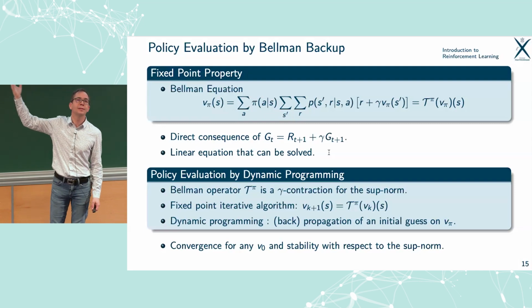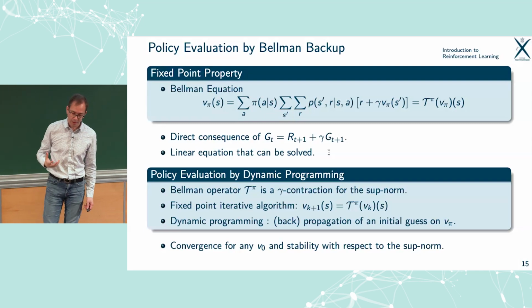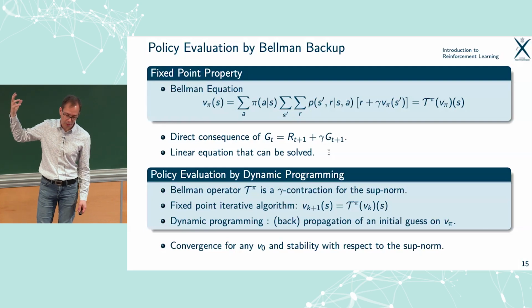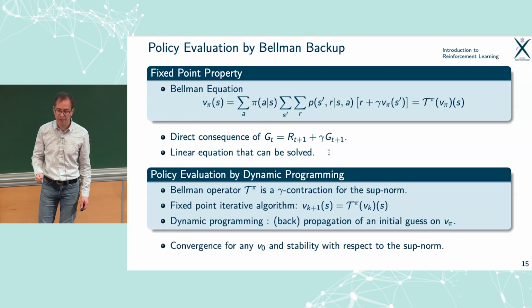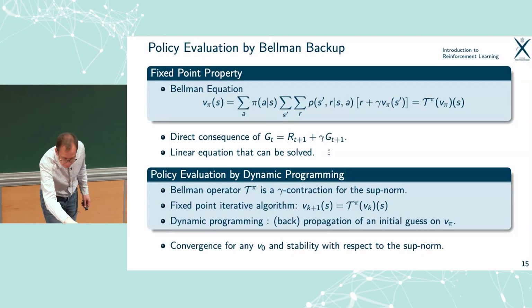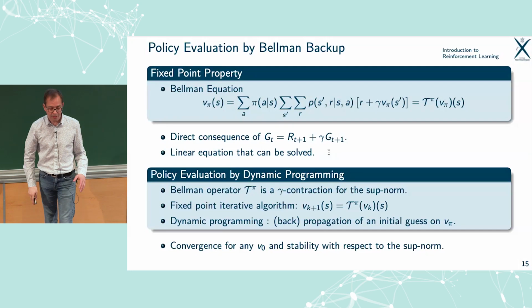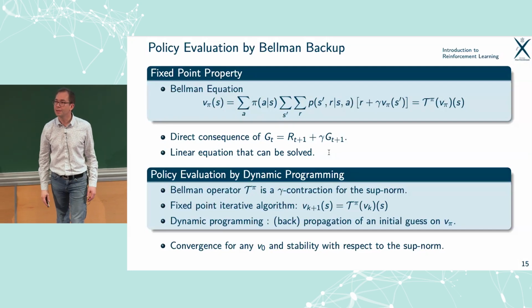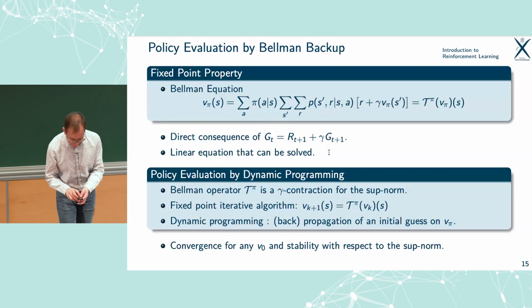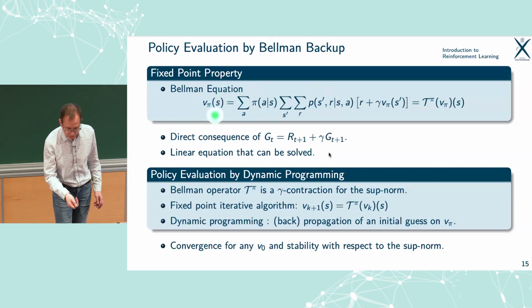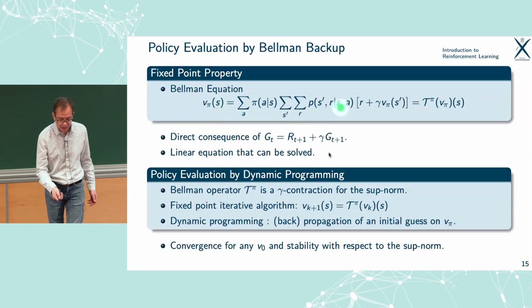And it turns out that there is a key property which shows that the value function is the solution of an equation, this Bellman equation, which is here. It seems very complex, but it's nothing but saying that what I can expect, starting from a state S, is what I'm going to receive from this state, plus what I'm going to receive afterward.